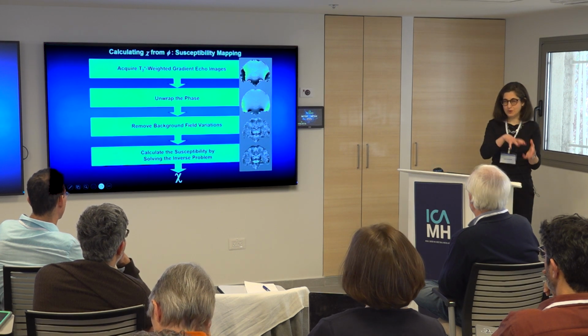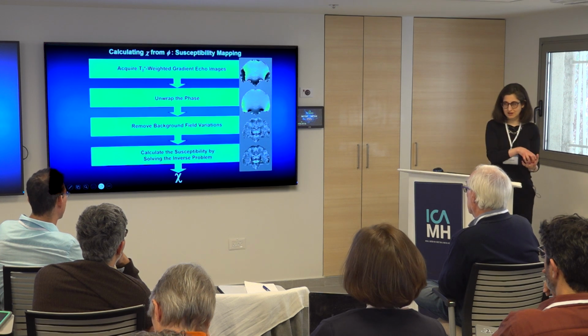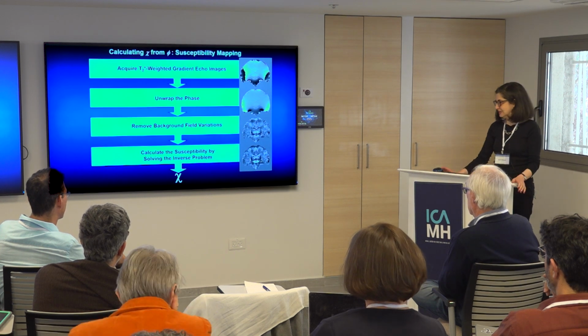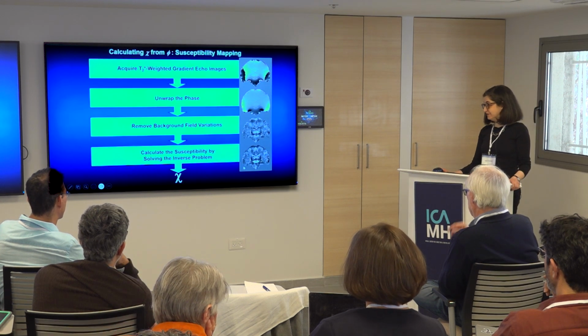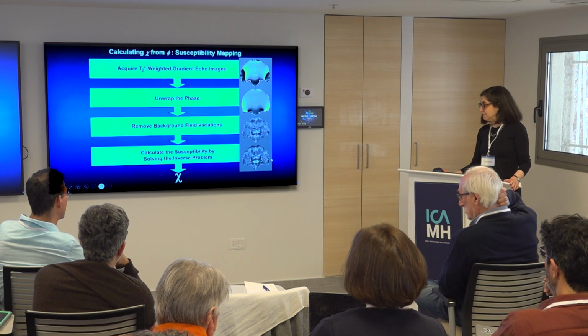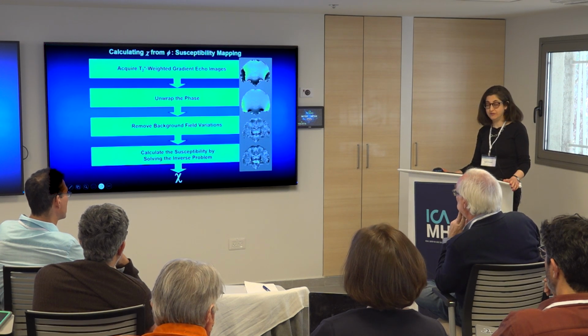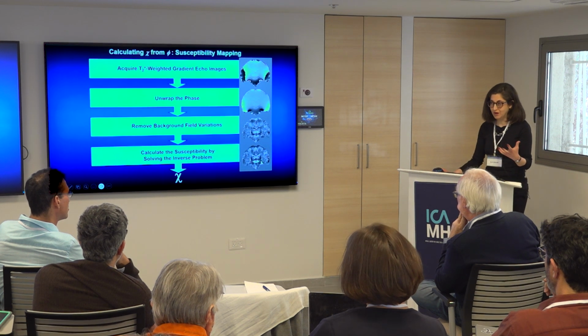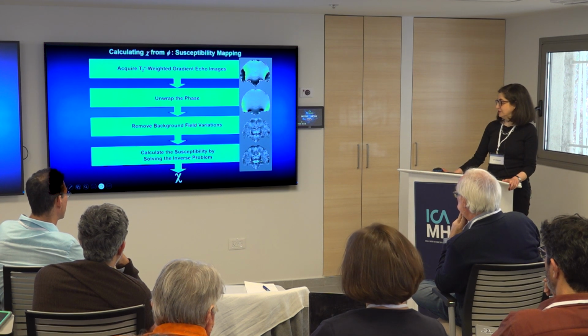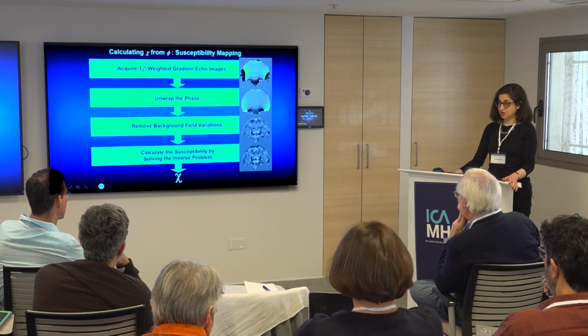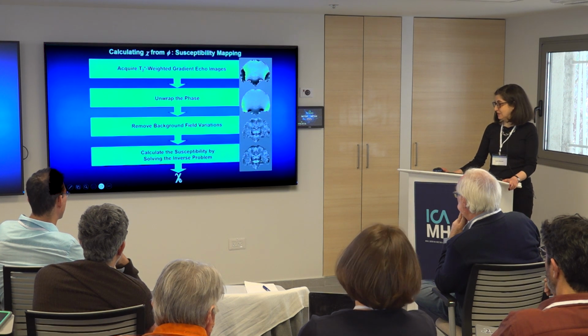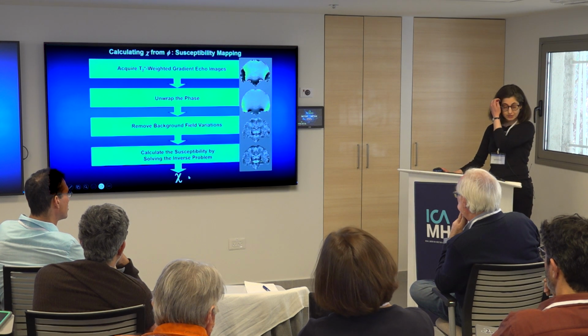It's an inverse problem because we're going from something that we've measured to the underlying signal source, which is susceptibility. And again, there are lots of different ways of doing this now. But then you can start to see that we can, again, see the positive paramagnetic susceptibility in the deep brain grey matter, which is very iron-rich. So you can start to see the typical QSM map or susceptibility map. So that gives us our output susceptibility map.